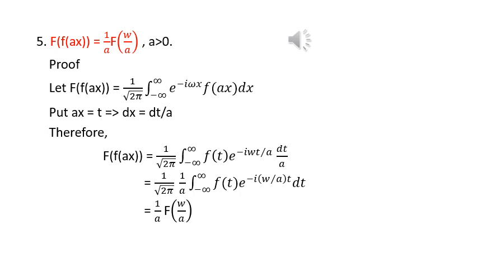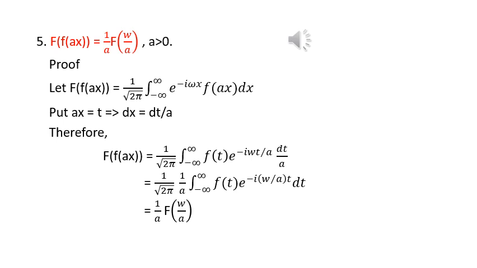We know the formula of the Fourier transform of a function. That is, Fourier transform of f of ax is equal to 1 by root 2 pi integral minus infinity to infinity e raised to minus I omega x into f of ax dx. Now put ax is equal to t, that means dx is equal to dt by a.